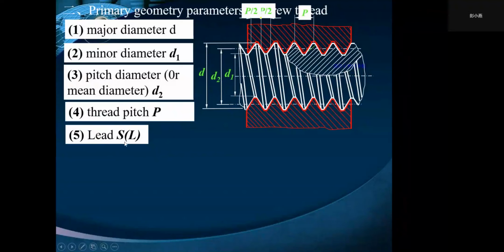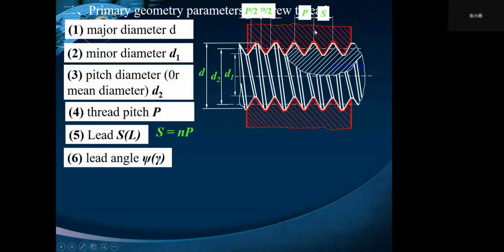Lead S or L. Lead is the actual distance the mating thread or nut will advance in one revolution.